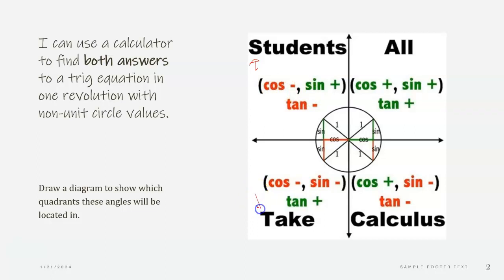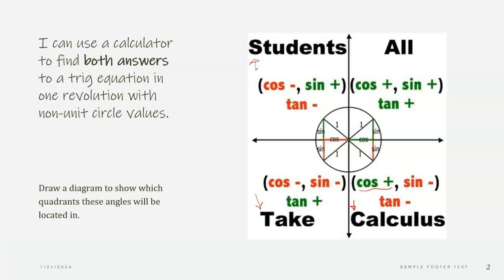The third quadrant is take. So T stands for tangent. Because cosine and sine are both negative, when you do y over x, tangent would be positive because a negative divided by a negative would be positive. And then the last one, all students take calculus. Calculus starts with a C, showing you that cosine is the only one that's positive in quadrant 4.